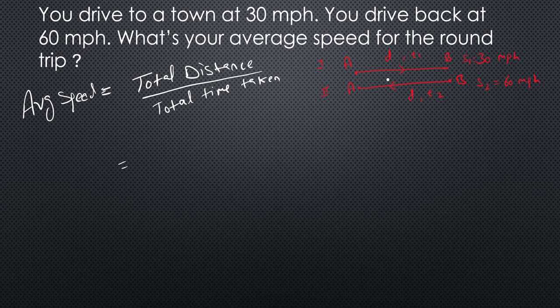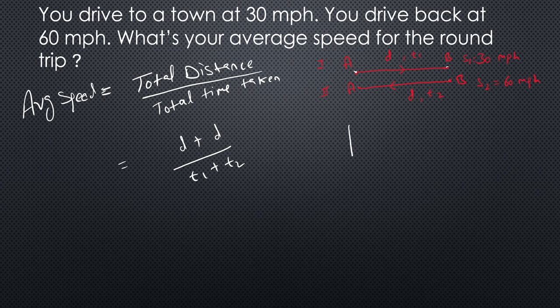Now total distance: you go from point A to point B, distance d, and you also return from point B to point A, again distance d. Time taken in the first path from A to B is t1, and in the return path is t2. So here we have to find t1 plus t2.